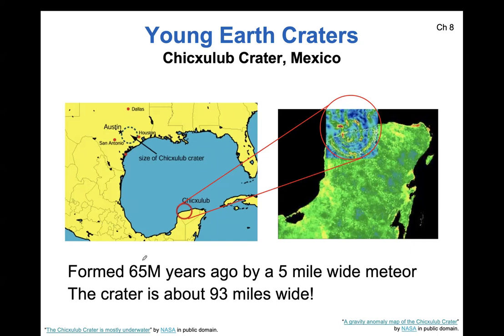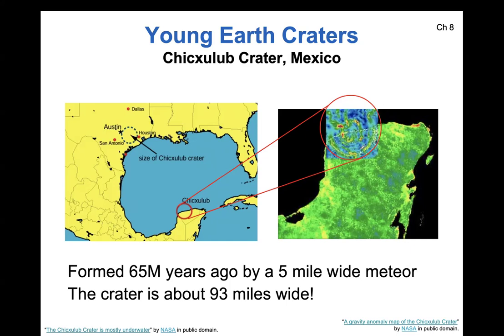And then even more famous, we have a 65 million year old crater, the one that's associated with the extinction of the dinosaurs. There's lots of supporting evidence that it was an impact that wiped out the dinosaurs. This crater further supports that theory because it's the right age and would have been a dramatic enough event to cause the climate change that would have led to the extinction.